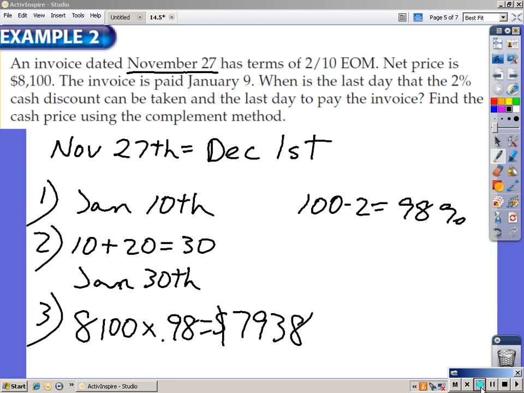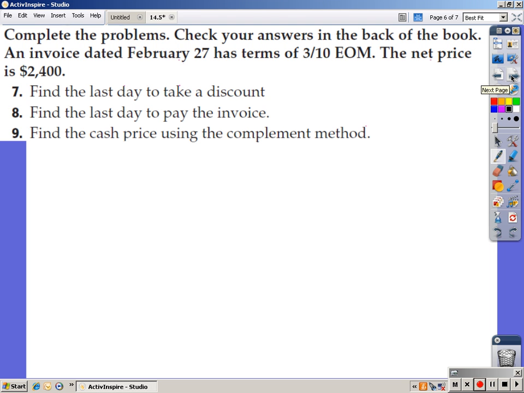Let's look at problems 7 through 9. Press pause while you work these out and play to see it work. So let's work this out now. Number 7, find the last day to take the discount. Well, my invoice is dated February 27th.